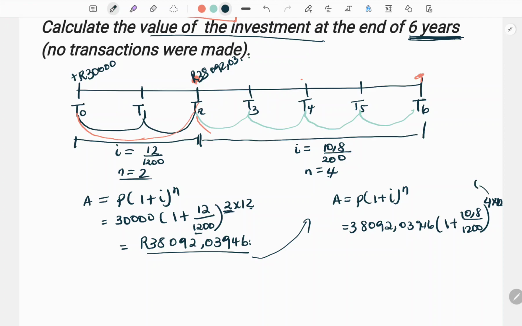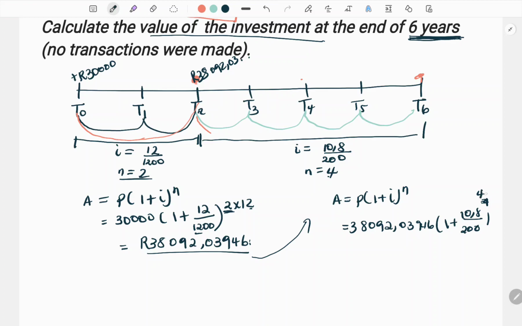4 times 12. If I'm correct. No, why 4? Sorry, not 12, guys. I made a mistake again. I do make mistakes, guys, so please bear with me as long as I can realize them. So it's over 200 exponent of 4. Where do I get the 4 now?